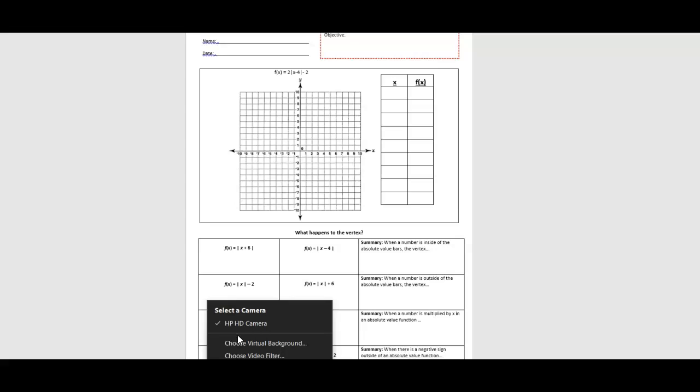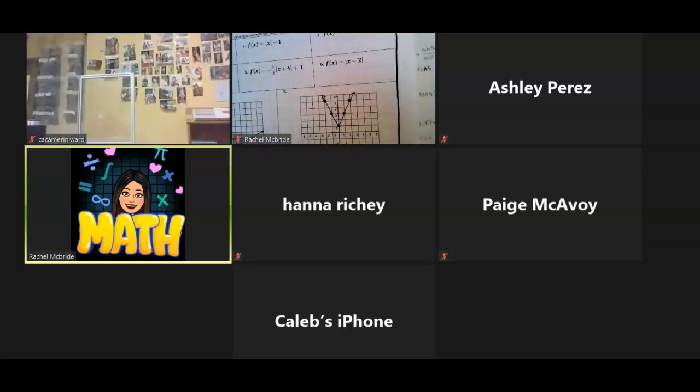So if a graph opens up, then it means my A value is positive. If the graph opens down, then my A value is negative. So I am going to put up exactly what I am talking about in terms of that problem. So let's stop our share and let's put up the video.